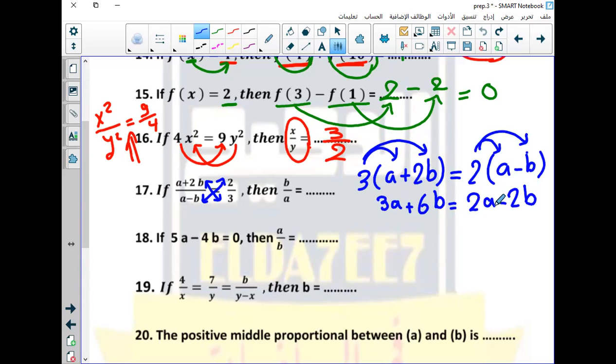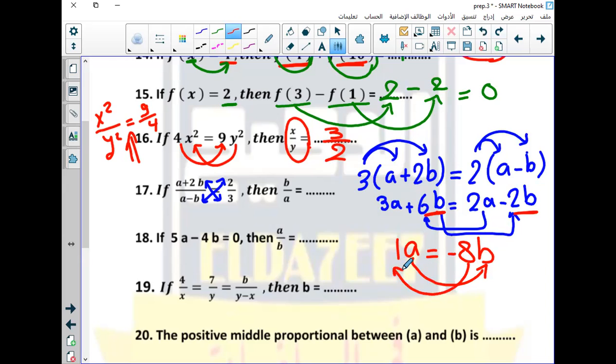By putting a on the left hand side and b on the right hand side, the answer will be 3a minus 2a equals 1a, and negative 2b minus 6b equals negative 8b. So b divided by a will be equal to 1 divided by negative 8.